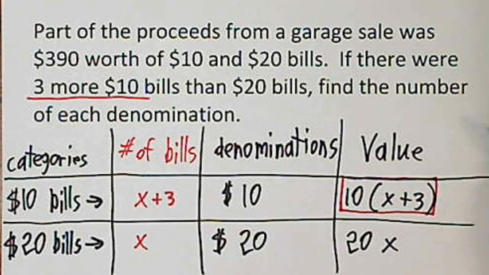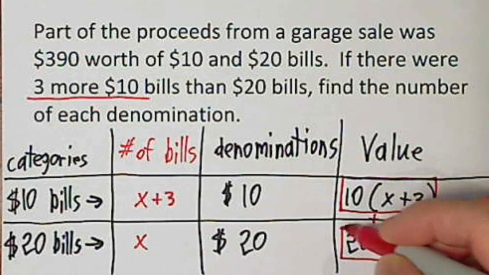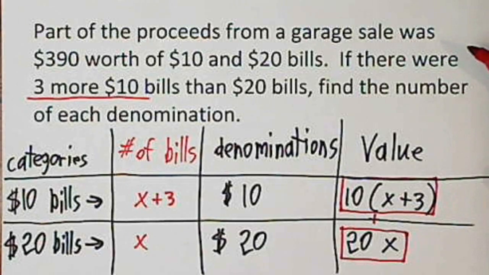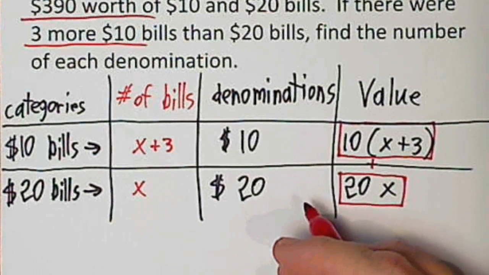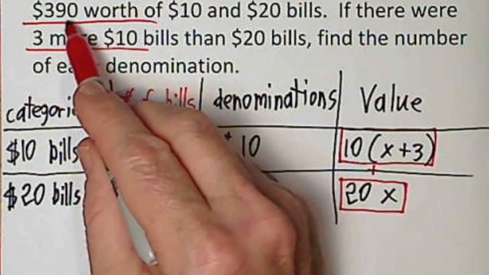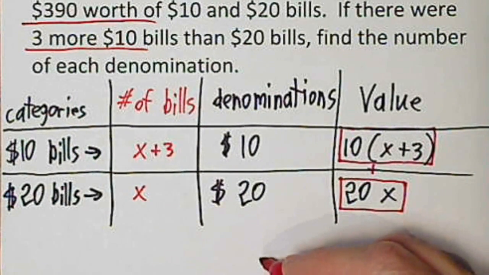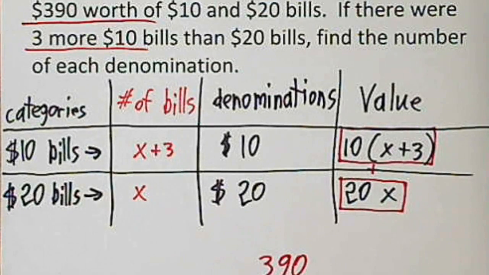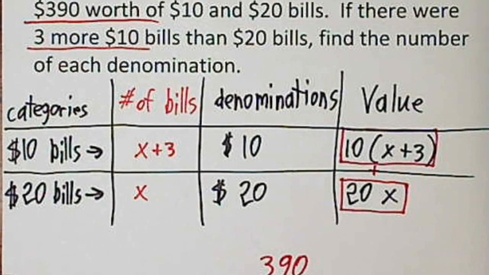And again, if I add these to these, the amount of money is $340, right? I'm sorry, $390, $390. Zoom out a little.